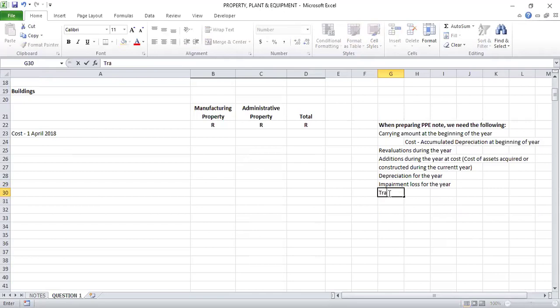Right, you might need also transfers, other categories. E.g., PPE, property, becomes investment property.